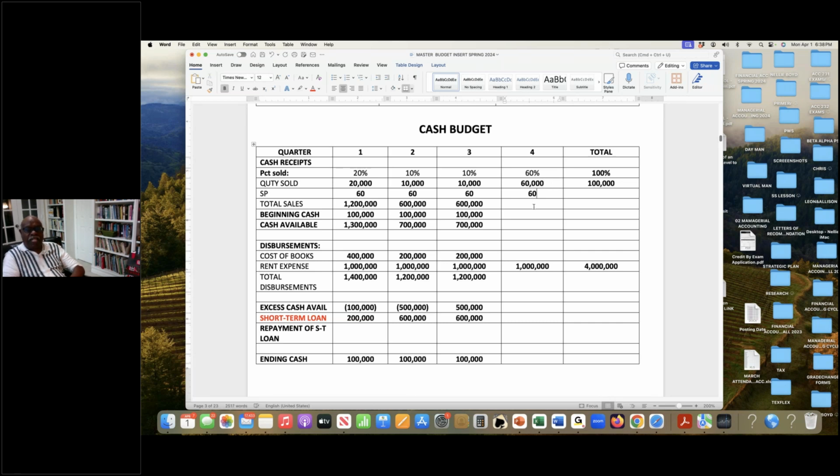So it's our total sales. 3.6 million. Beginning cash was still at 100,000. So the cash available is what? 3.7 million.